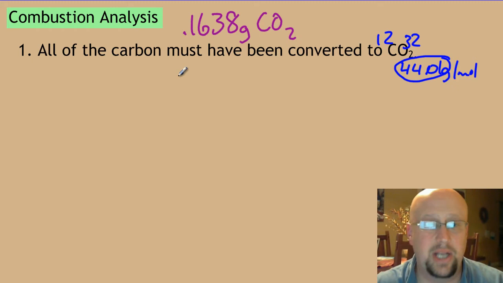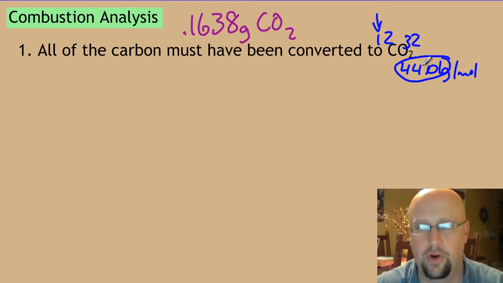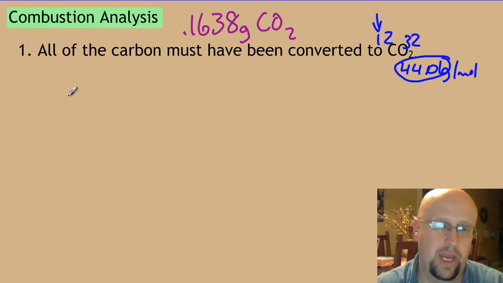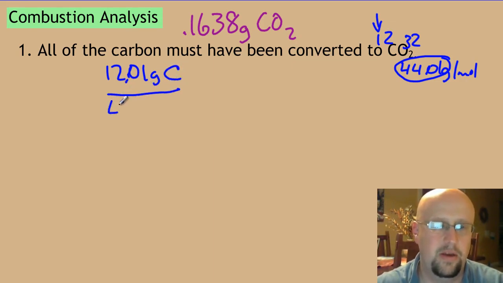Now, why does that matter to us? Because we know that 12 of those 44 grams are carbon. So let's go over here and work that out. I'm going to make a conversion factor, so this part should seem pretty familiar from Chem 1. So 12.01 grams, let me make that decimal point a little clearer, are carbon in 44.01 grams of CO2.